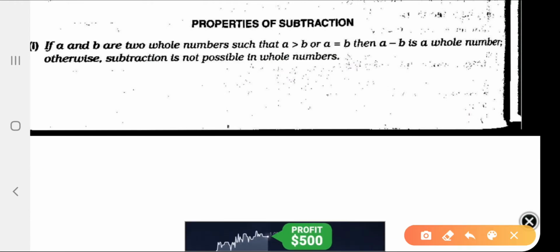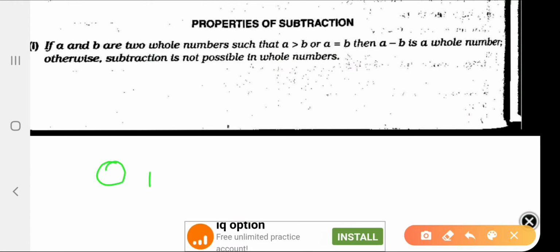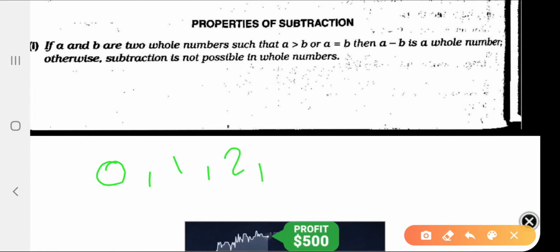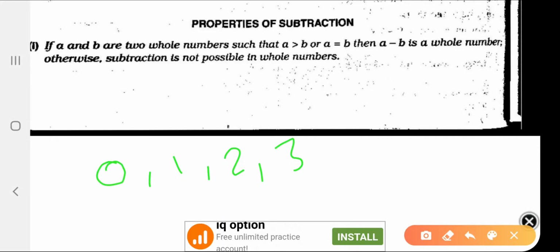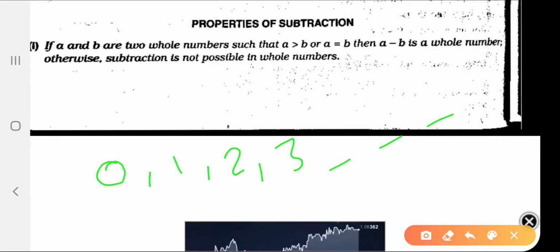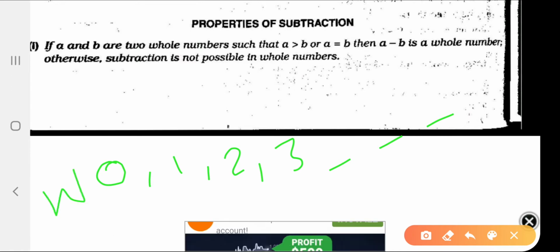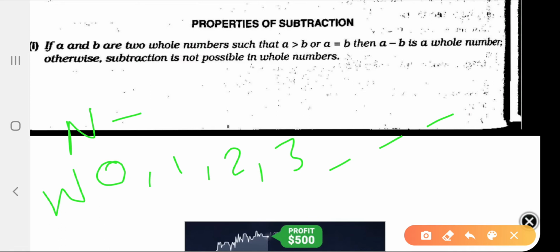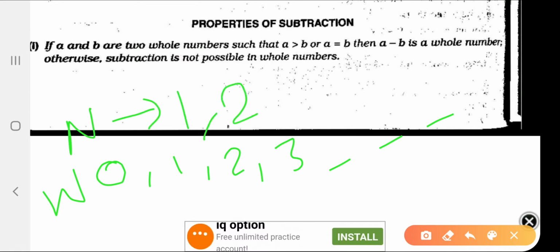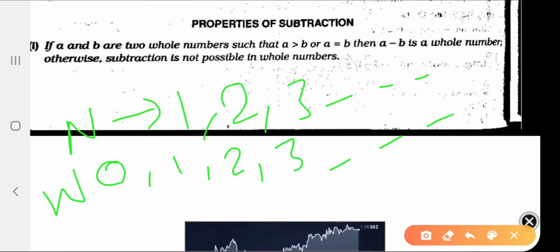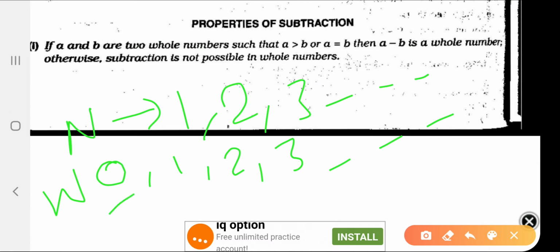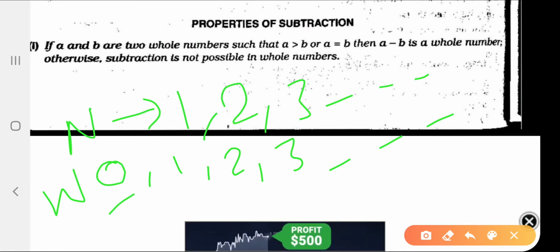Whole numbers start from 0: 0, 1, 2, 3. They all are called whole numbers. And you know that natural numbers start from 1, 2, 3. So natural numbers along with 0 become whole numbers. Remember these things.